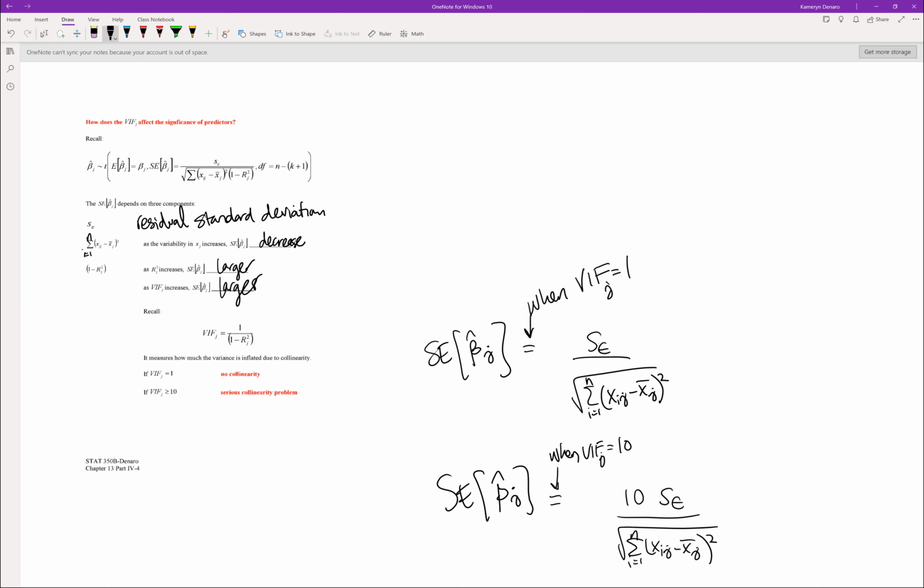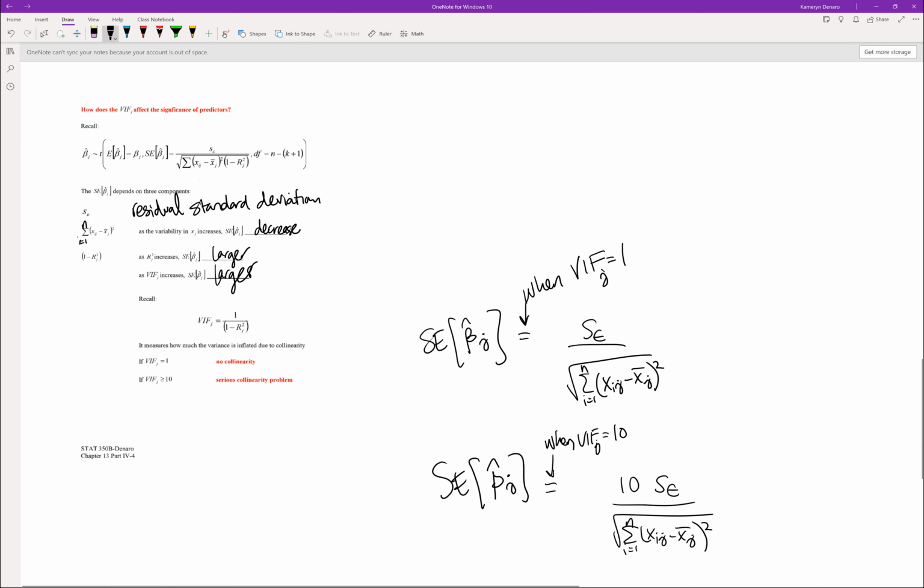So all of a sudden your standard error is going to be very affected from having this variance inflation factor of 10. And now it's going to be much harder to determine accurately whether or not beta j is going to be different than 0, because the variance has been inflated.